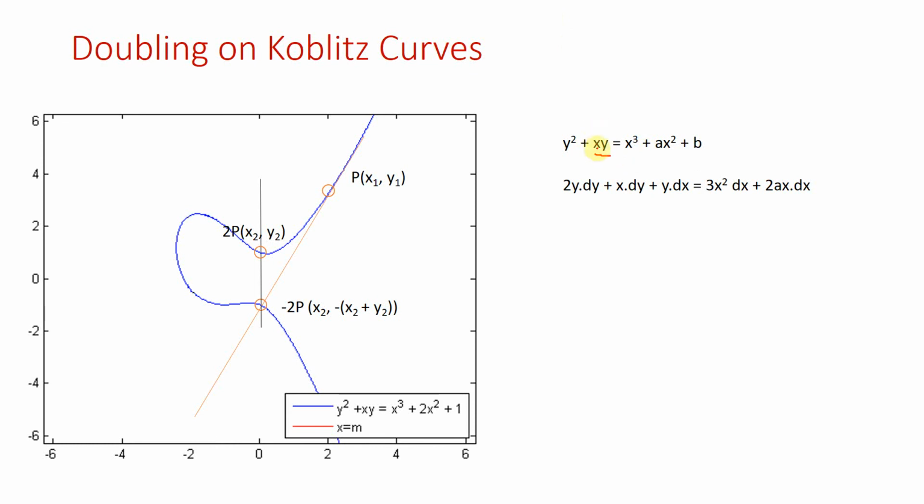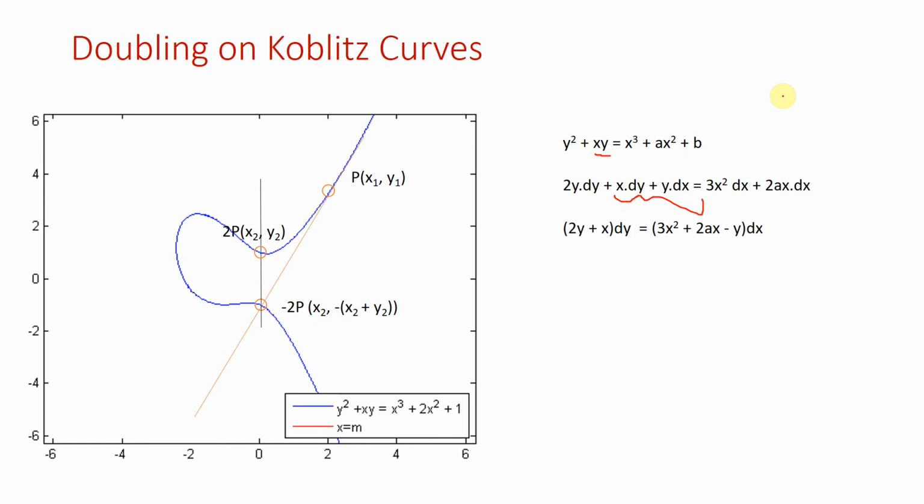It will become 1 times y times the x, and when finding the y value, x times the y. And the right side will become 3 times x squared, the x plus 2 times a times x plus 0.